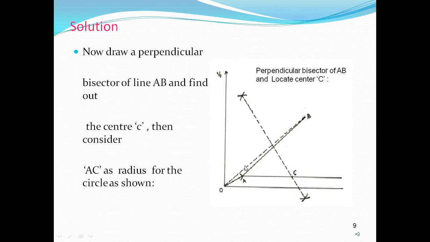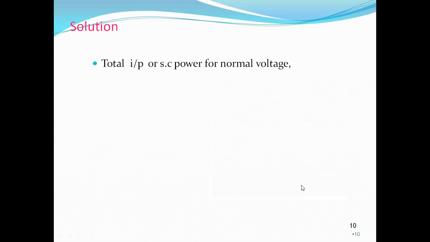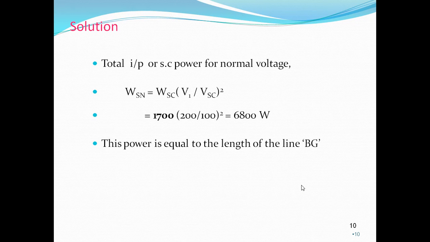See here, after drawing this semicircle, you draw parallel vertical lines from A and B. That represents the power which is equal to length BG. Measure BG.